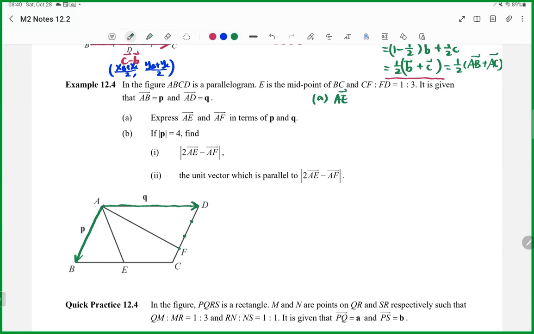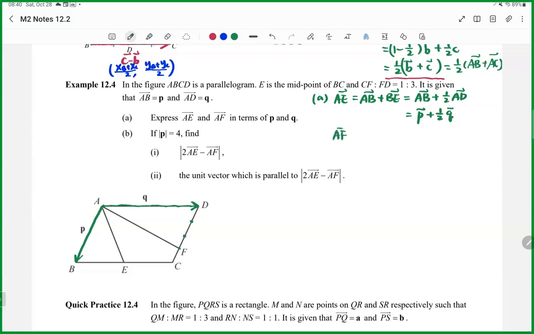AE equals AB plus BE, which is AB plus 1 over 2 AD. So that is P plus 1 over 2 Q.